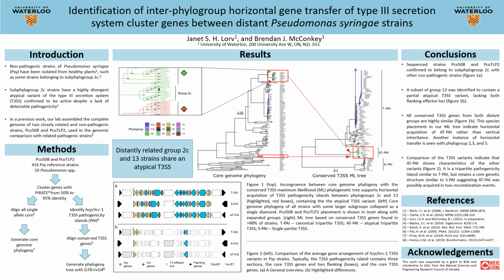So if I could just bring your attention to our methods, which is on the bottom left, what we did was cluster our two complete genomes with a selection of 416 Pseudomonas syringae reference strains, as well as 10 diverse Pseudomonas strains that will be acting as an outgroup. In total, all 428 genomes were clustered together with Pirate, and due to the high genetic variability, we clustered them at progressively increasing identity thresholds starting from 50% to 95%. Out of all the gene families that we found, we were able to detect a hard core genome consisting of 2,087 gene families that are single copy alleles in all strains.